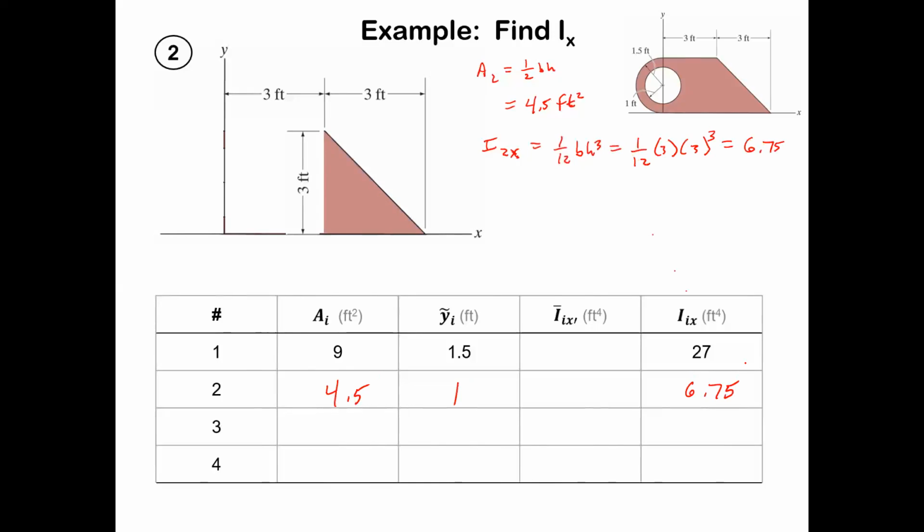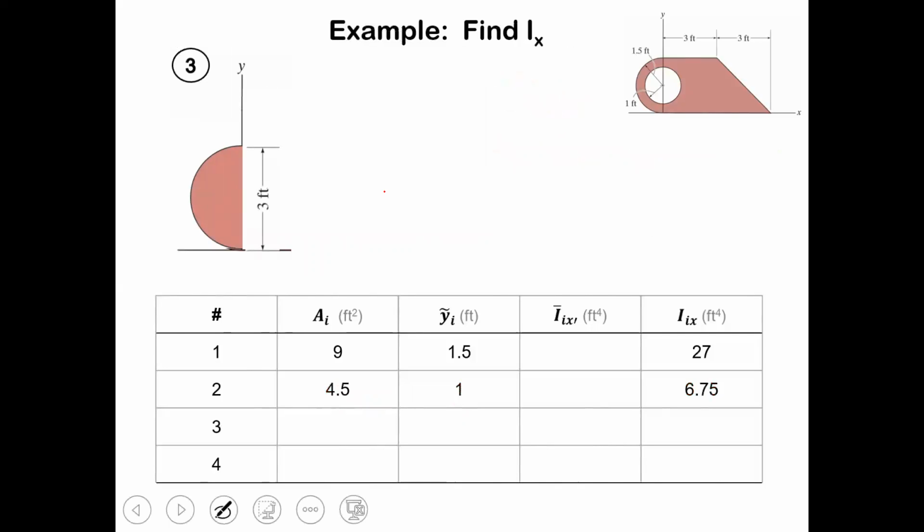The distance to the centroid, by the way, is 1 foot, because it's a triangle and you go 1/3 of the way up from the base to get to the centroid, right? Okay, questions?